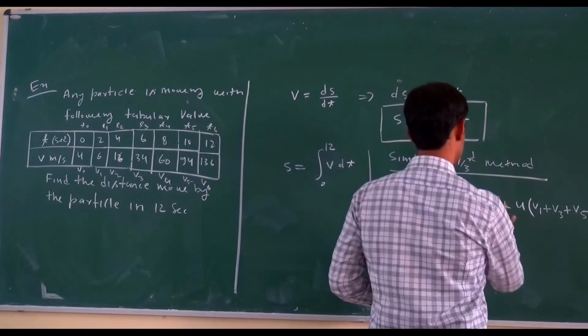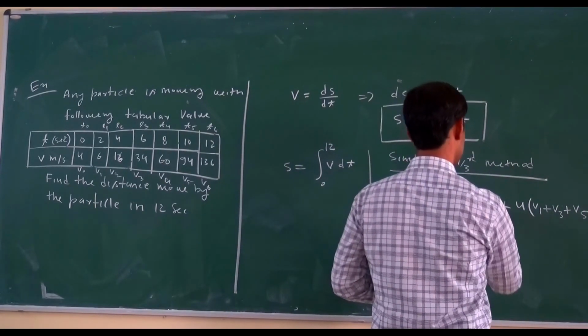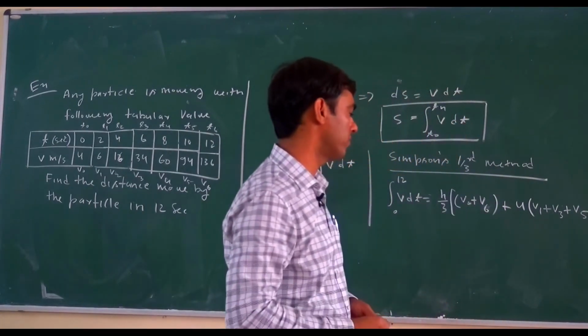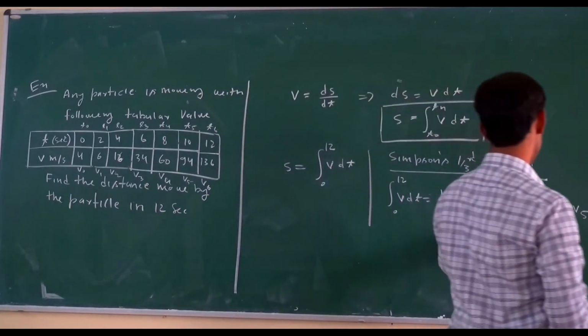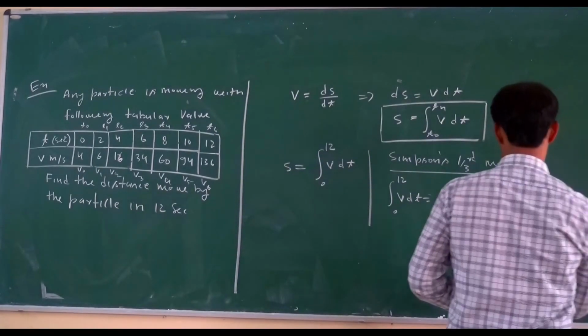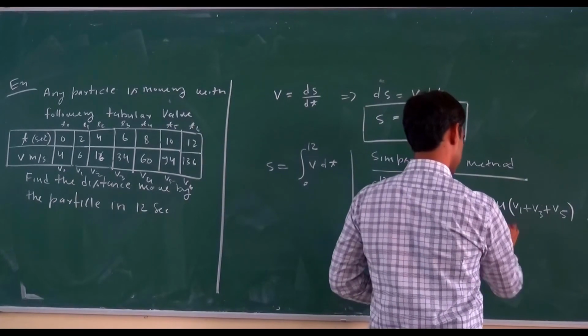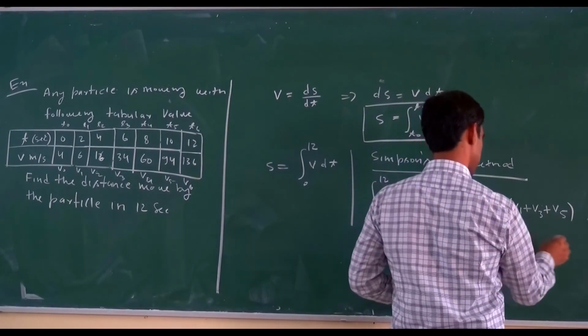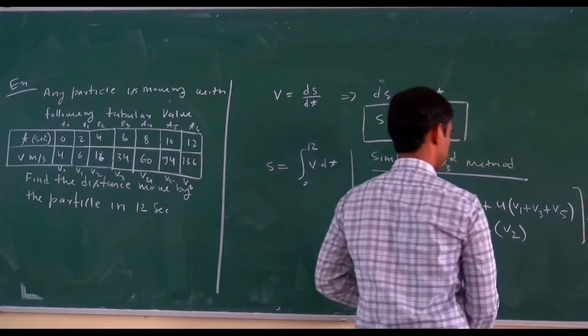So first and last are V0 and V6, and 4 times of V1, V3 and V5 plus 2 times of V2.